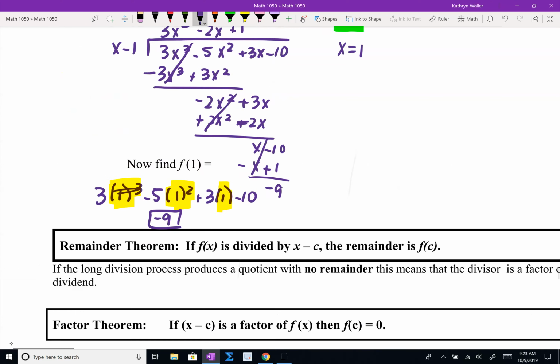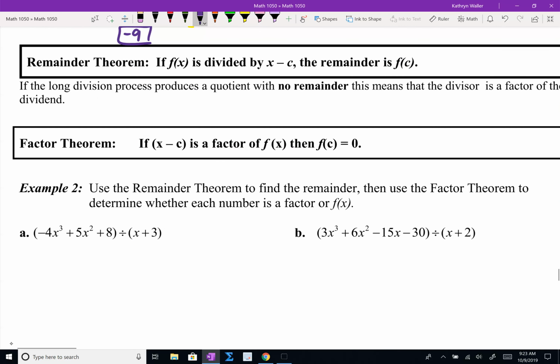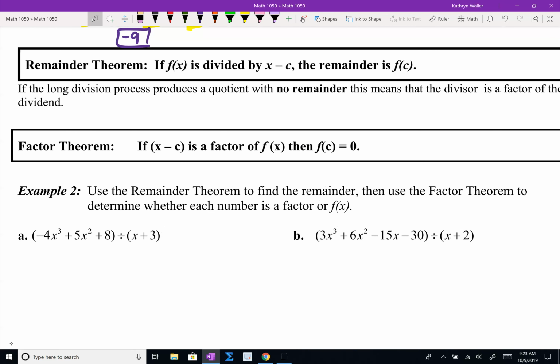Okay? You guys, that's always going to happen. So if you set the bottom equal to 0, plug it back in, what you get is always going to be your remainder. Okay? It's called the remainder theorem. So when you're dividing by x minus c, if you set that equal to 0, you get x equals c.